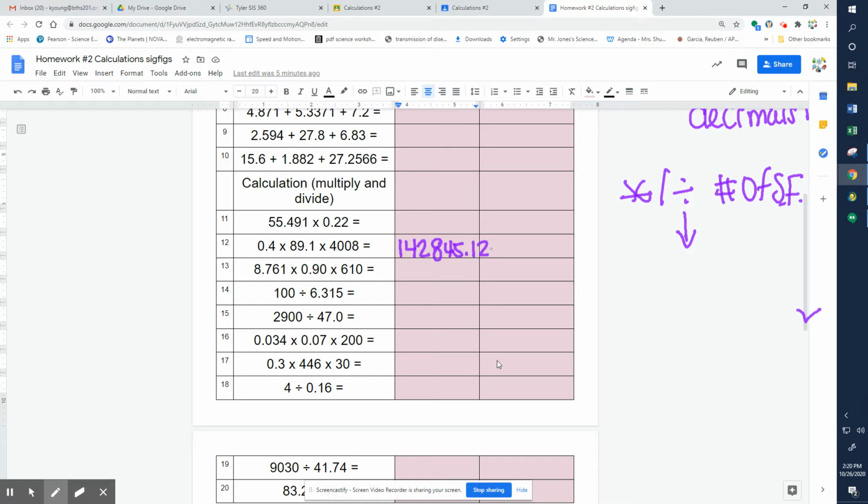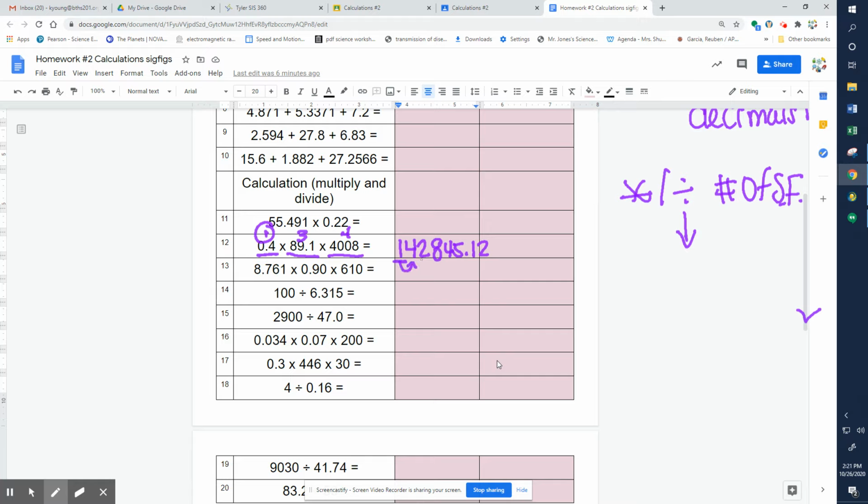I need to look at the number of significant figures. So number 12, this first number is given 1 significant figure. Our next one has 3 significant figures, and our last one has 4 significant figures. 1 is the lowest. So I'm going to look at the first significant figure, counting from the left.